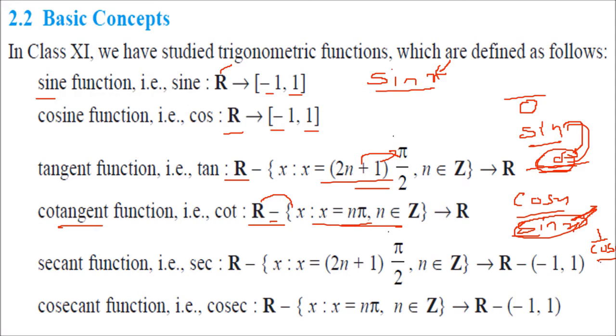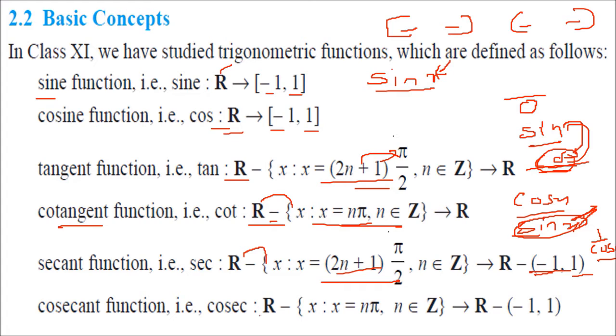Cos theta we will never allow to be 0, so the odd multiple of pi by 2 is not acceptable, so we remove it from R. The range is also R minus (-1, 1), because cos gives you values from -1 to 1, so 1 by cos will give you all values apart from those between -1 and 1, and these two are not inclusive. The square bracket means the values are inclusive. Round bracket means the values are non-inclusive.